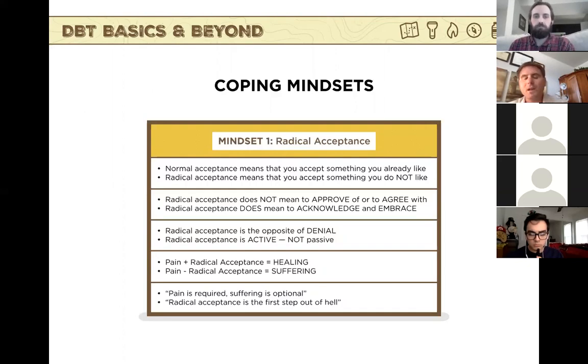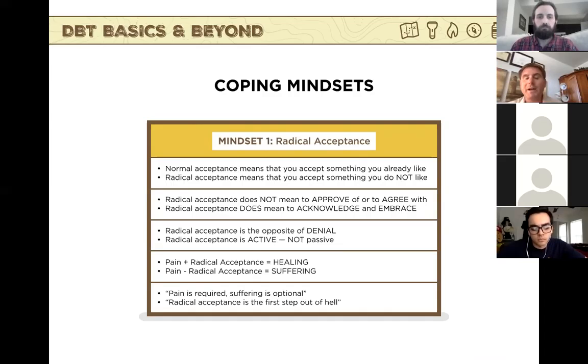So once again, DBT has its own unique definition of suffering here. What DBT means by suffering is pain that keeps escalating and compounding when there is something we could have done about it. And once again, you can use medical analogies or other analogies to explain this, right?